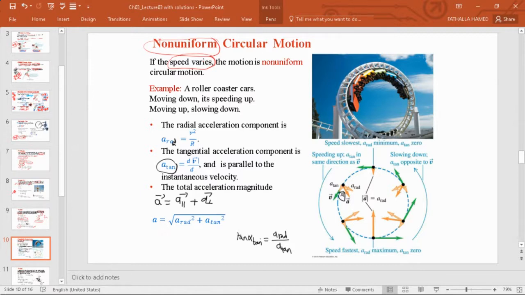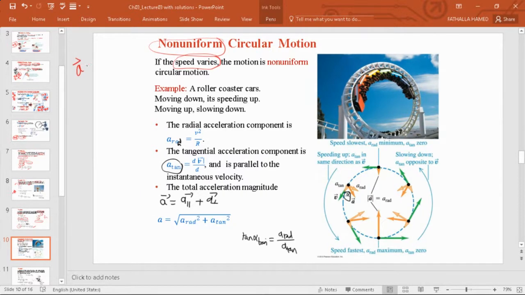And if you recall in the early slides, when we talked about circular motion and acceleration, we said the acceleration has a parallel plus a perpendicular component, where the a parallel is basically responsible for changing the magnitude of the velocity, which is the speed, and the perpendicular one is responsible for changing your direction.